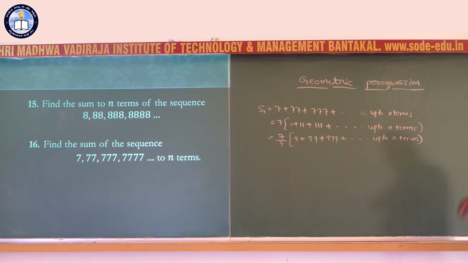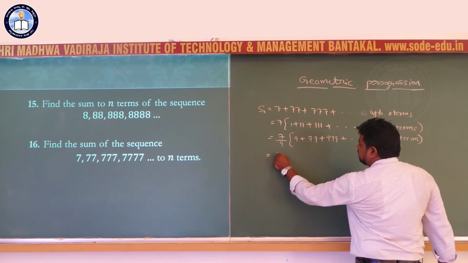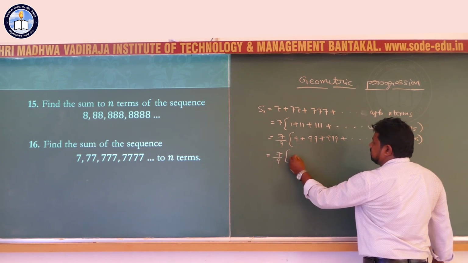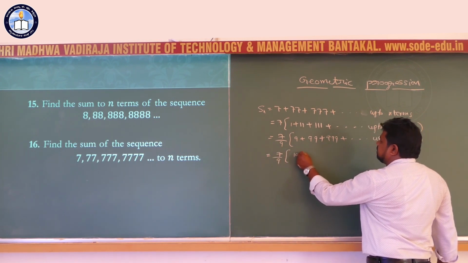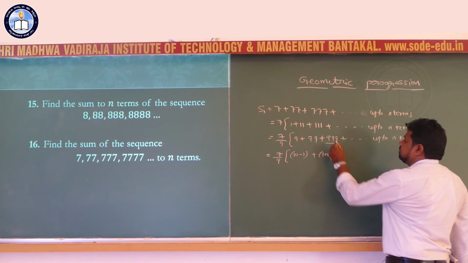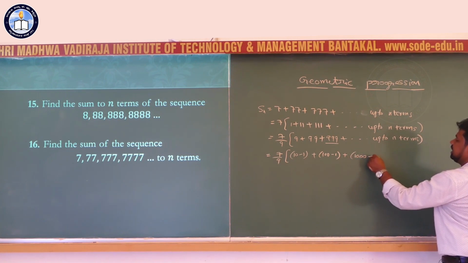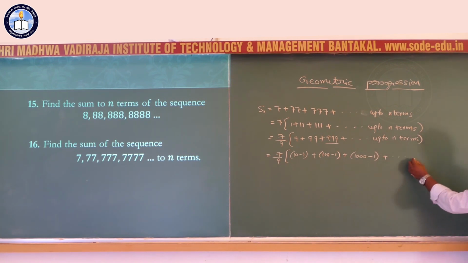It is the same as the previous one. That is equal to 7 by 9 into 10 minus 1, 100 minus 1, 1000 minus 1 up to n terms.